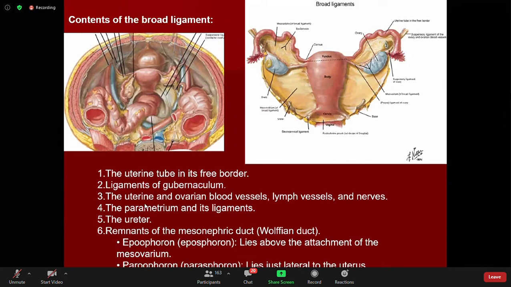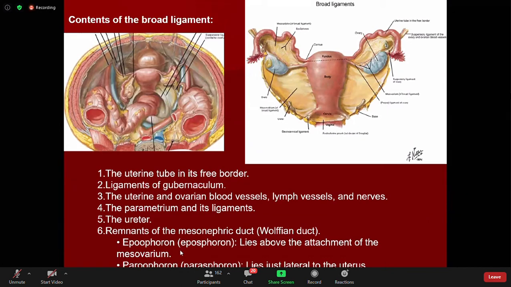What else do we have? We have uterine and ovarian blood vessels, ovarian in the suspensory ligament, uterine blood vessels contained within the cardinal ligament or the transverse ligament. And of course, you will have lymphatics, nerves, and all of that. In addition, you will have the ureter, as we saw earlier, passing underneath the uterine blood vessels.